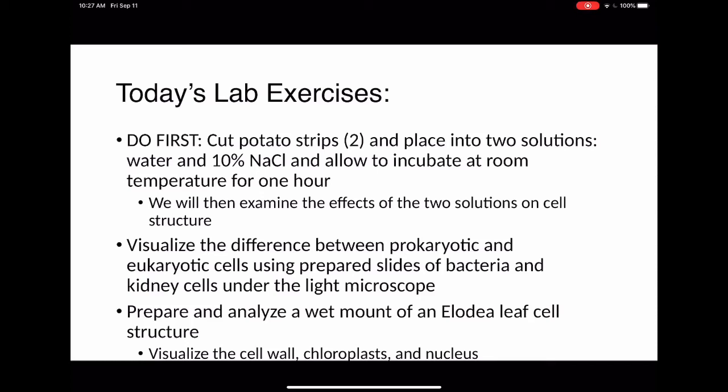We had prepared slides, so you won't really be able to do that, but I have posted some electron micrographs of cells so you can actually see just how complex the different structures are. They actually look really cool. Then another thing we would have done is to prepare and analyze the wet mount of the Elodea leaf cell to visualize the cell wall as discussed.